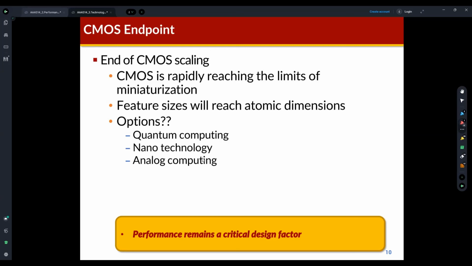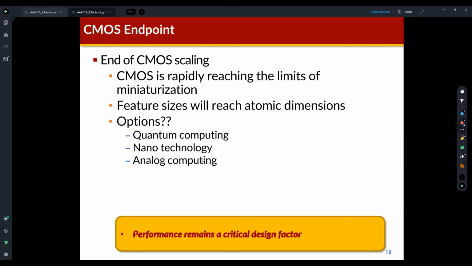But the cost of manufacturing is increasing rapidly, which means it's very difficult to apply a smaller technology node. Also, we cannot decrease the size of the transistor to the atom level. It's not possible. So we are facing the end of CMOS scaling.